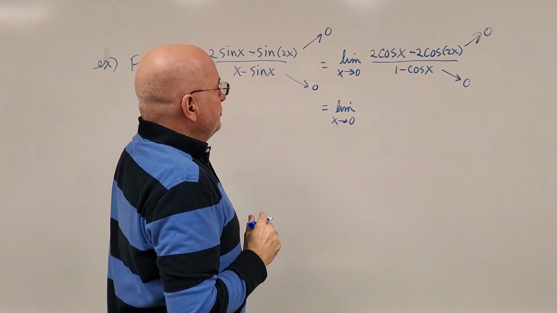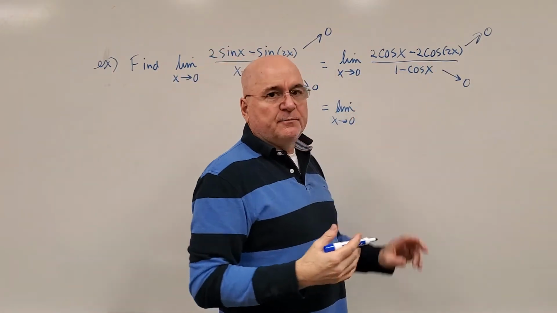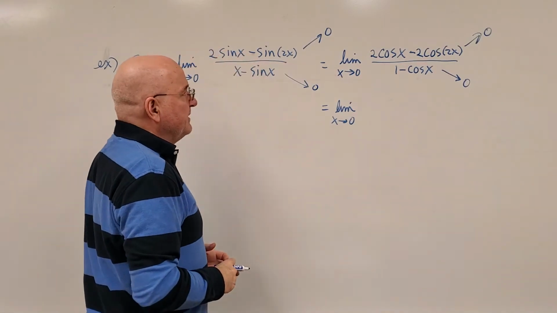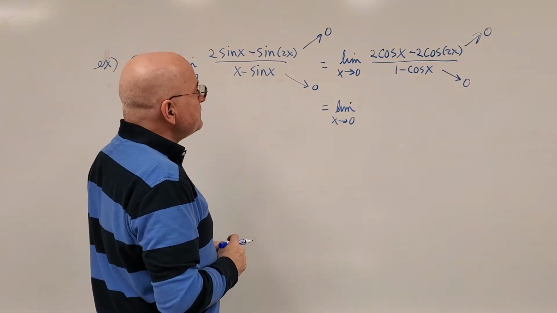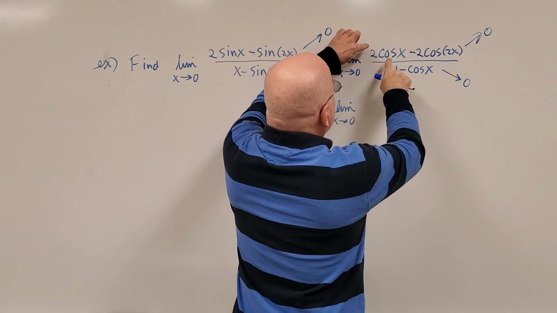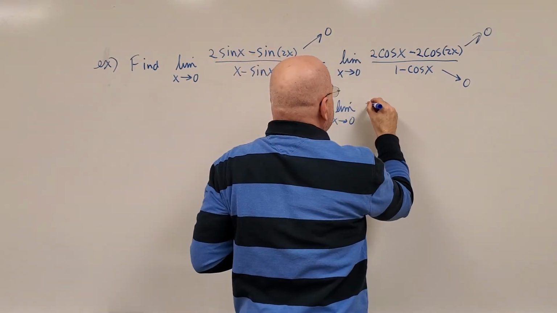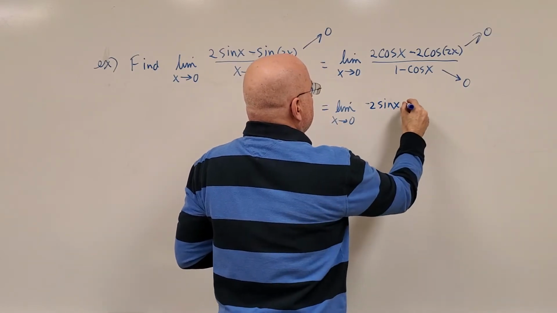So by L'Hopital's rule, and in case I forget to say it, these two are different. The numerator and denominator are both continuous and differentiable on the entire real line. So L'Hopital's rule still applies. All right, let's take the derivative. 2 cosine, the derivative of cosine is negative sine, so negative 2 sine x.